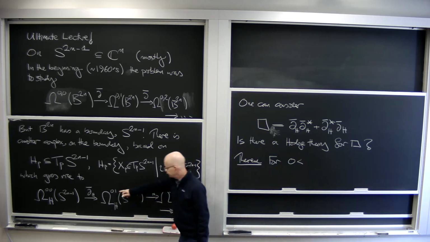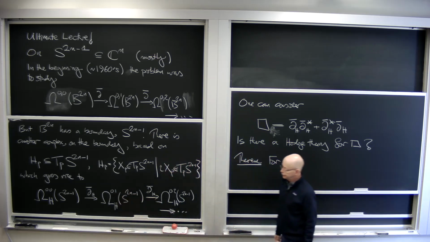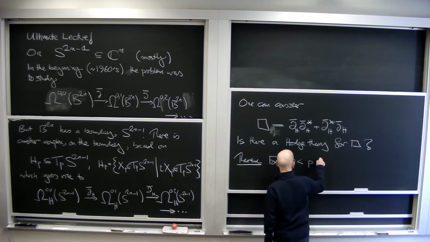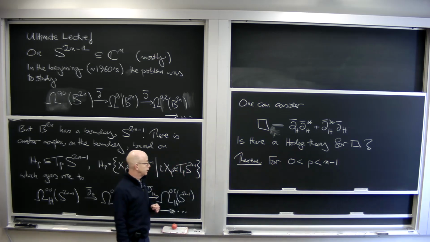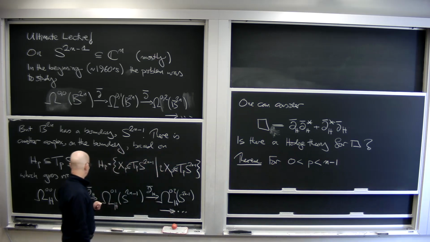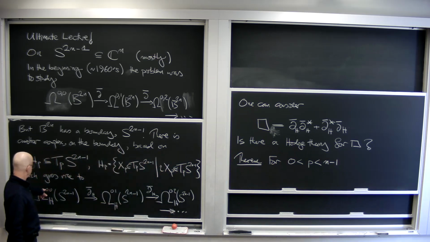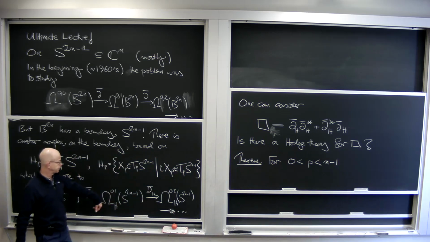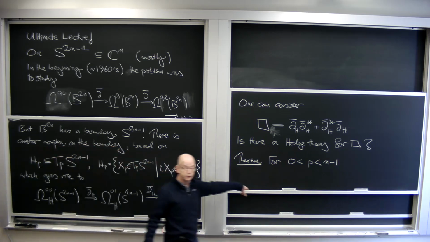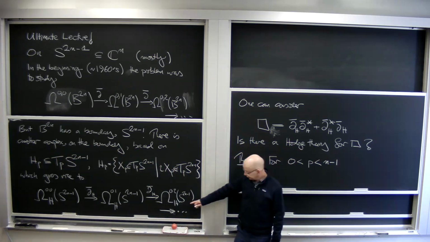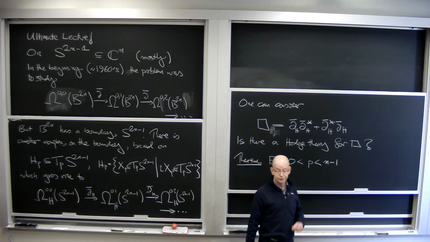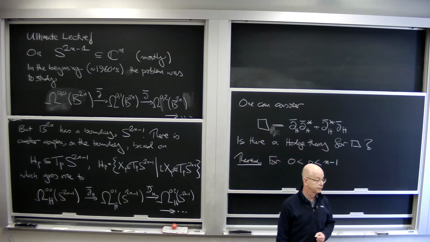So P here will refer to the index of the forms, (0,P) forms. And if you're in this range between 0 and n-1 exclusive, then something rather interesting happens. How many of these spaces are there? There's a (0,0) space, a (0,1) space, a (0,2) space. The top one is the (0,n-1) space on the sphere, because this bundle H is n-1 dimensional as a complex vector bundle.